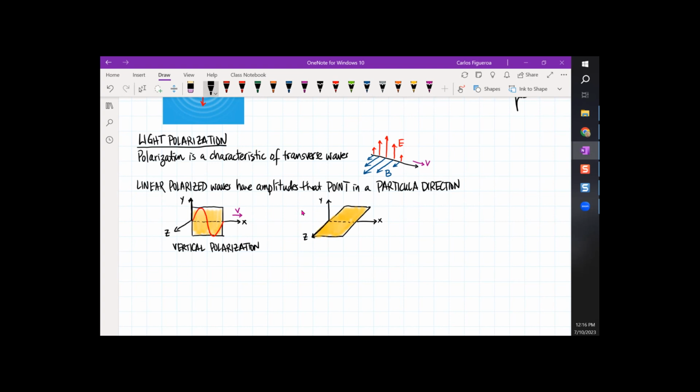So when I look at this wave, I can then say that this wave can be oscillating along the z-axis when the wave is moving in this direction right here. This is what we call horizontal polarization.